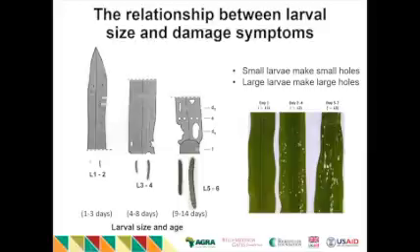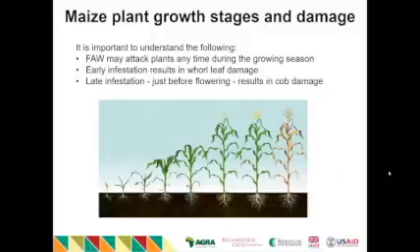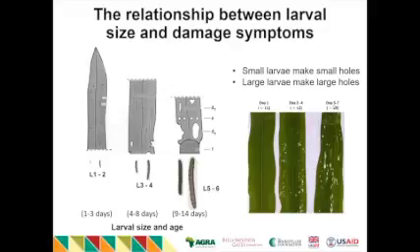And once you start seeing these symptoms, now you are approaching larval development at the rate that you won't be able to control them if you haven't done something yet. So it is important to know that small larvae make small holes and big larvae make large holes. That also explains the timeline that farmers need to know and when they need to apply control measures.